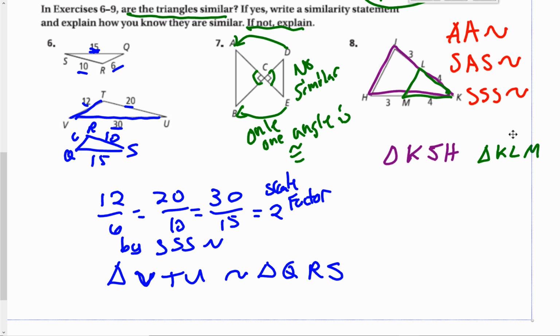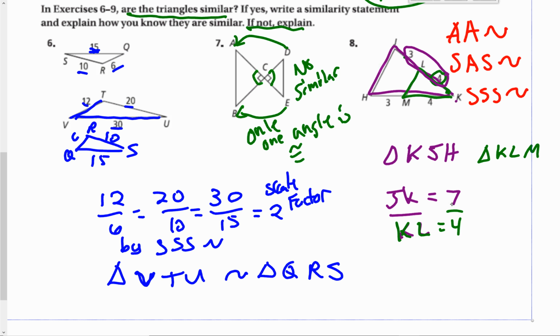So from J to K is actually 7, and then the corresponding one would be from K to L, and that is 4.